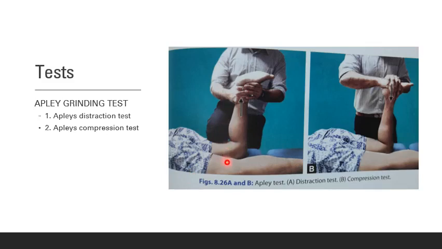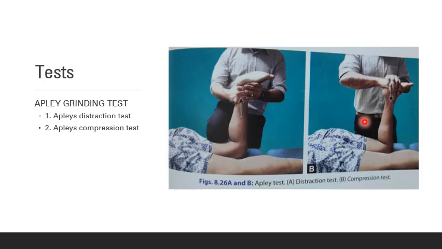Then examiner holds the leg just below the ankle. In the distraction test, leg is distracted and rotated internally and externally. If the patient experiences pain, it is suggestive of ligamentous injury, like collateral or cruciate ligament injury, as the injured ligament is stretched in distraction.